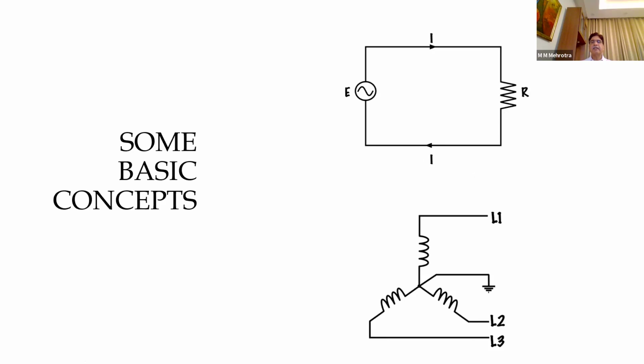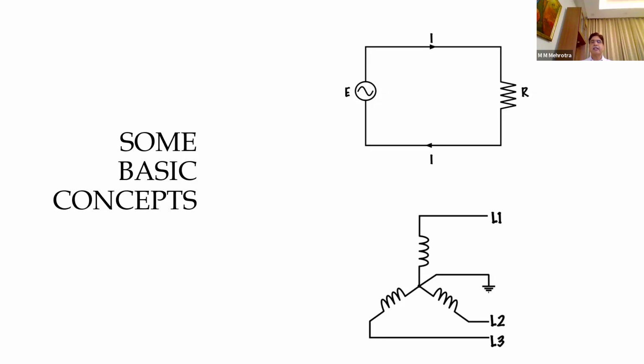Now, in a single phase circuit, line and neutral conductors will always be of the same size. For your information, there is an earth conductor also. This earth conductor is normally half the size of the line or neutral conductor.